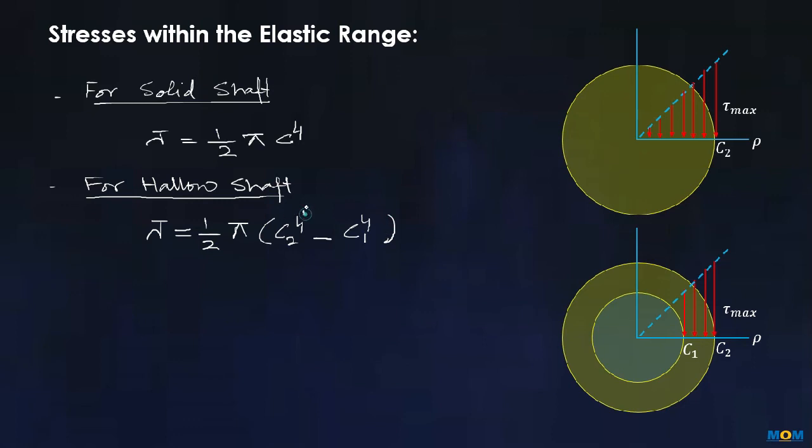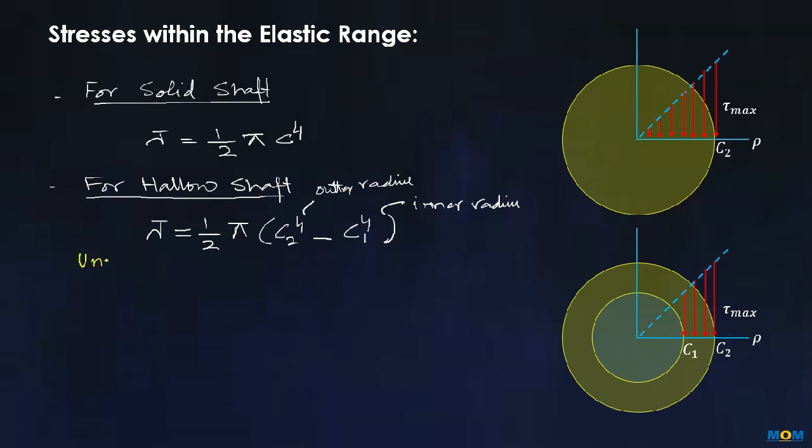Now here C is the outer radius and this C1 is the inner radius of the shaft.